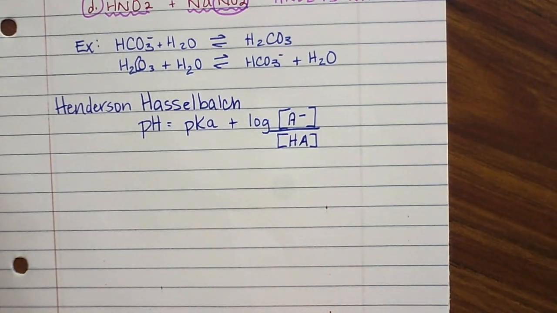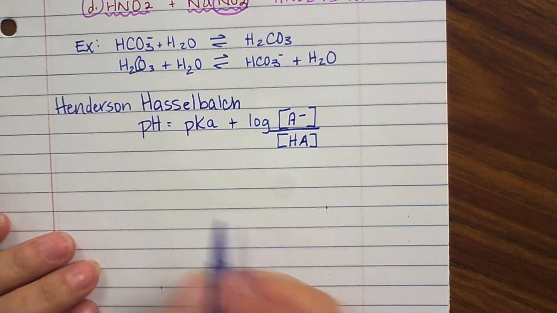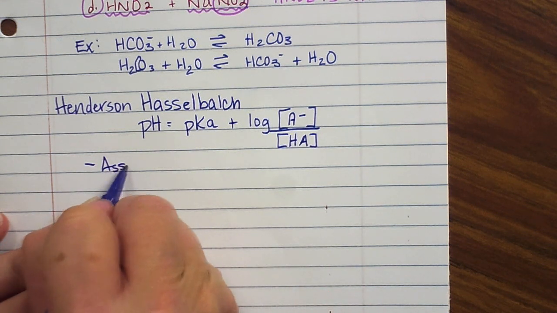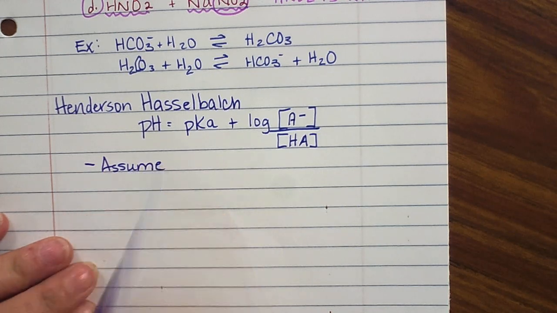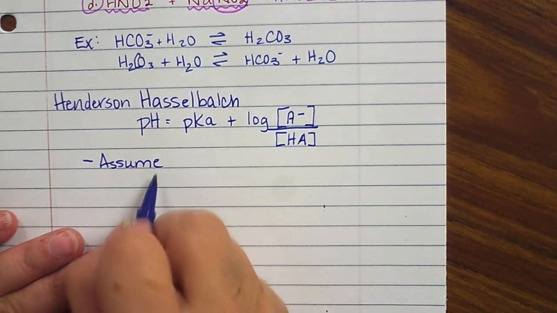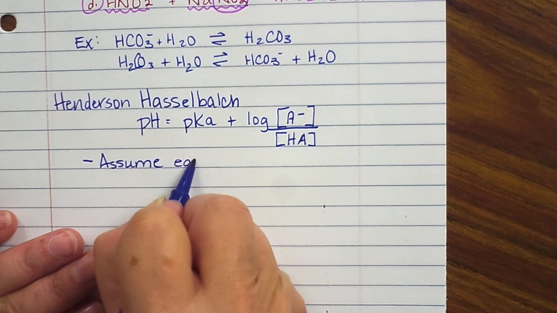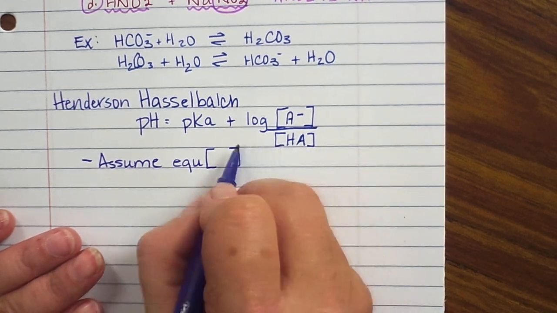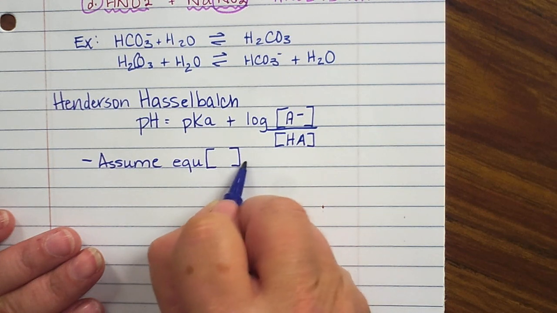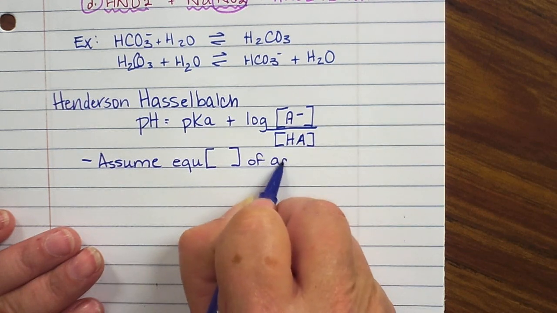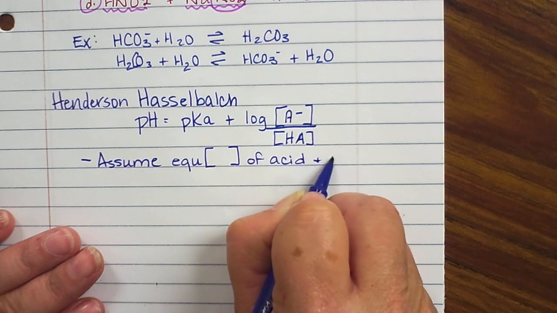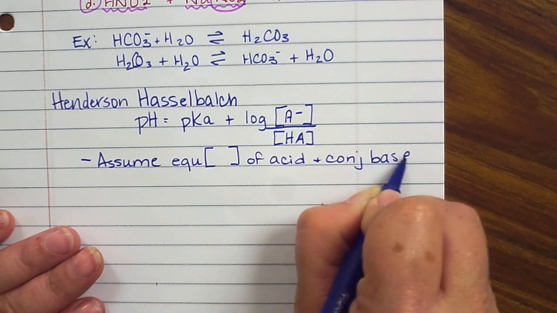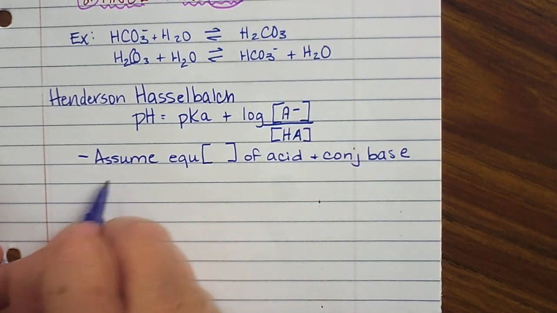I don't use it because I just don't think about it, I guess. So first, you're going to assume, when you use this, and then I'm going to show you how to use it, that the equilibrium concentrations of the acid and conjugate base equal the initial concentration.